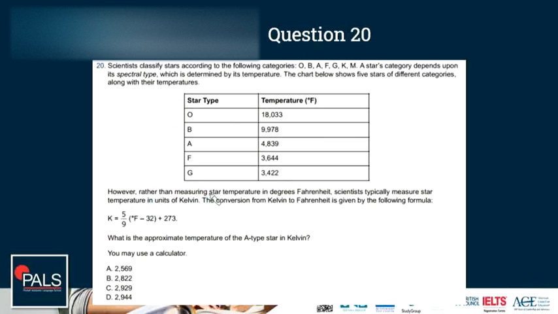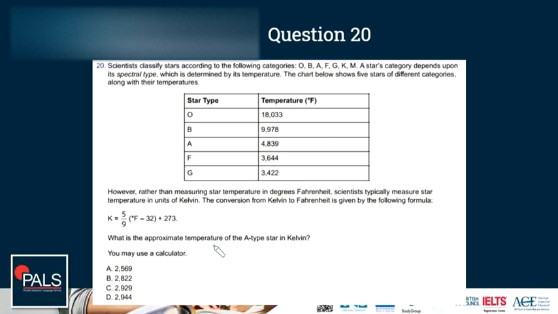However, rather than measuring star temperature in degrees Fahrenheit, scientists typically measure star temperature in units of Kelvin. The conversion from Fahrenheit to Kelvin is given by the following formula. Kelvin equals 5/9 in brackets degrees Fahrenheit minus 32, plus 273. That's the conversion formula to change Fahrenheit into Kelvin, the absolute temperature scale.